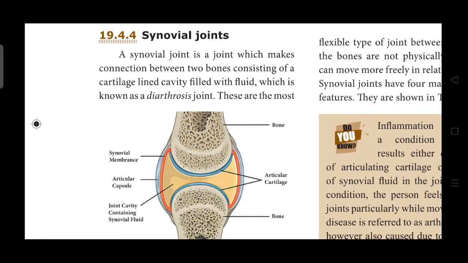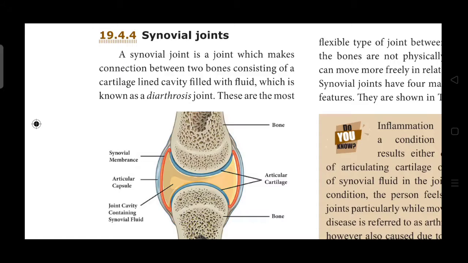A synovial joint makes the connection between two bones, consisting of a cartilage-lined cavity filled with a fluid. Here the fluid is filled, and that fluid is called the synovial fluid. It is also known as the diarthrosis joint, because there is a lining of the cartilaginous cavity.